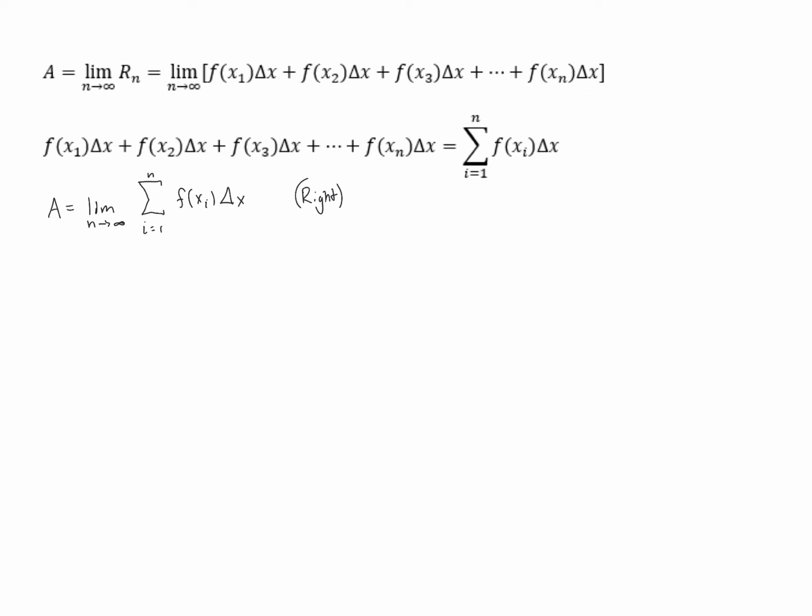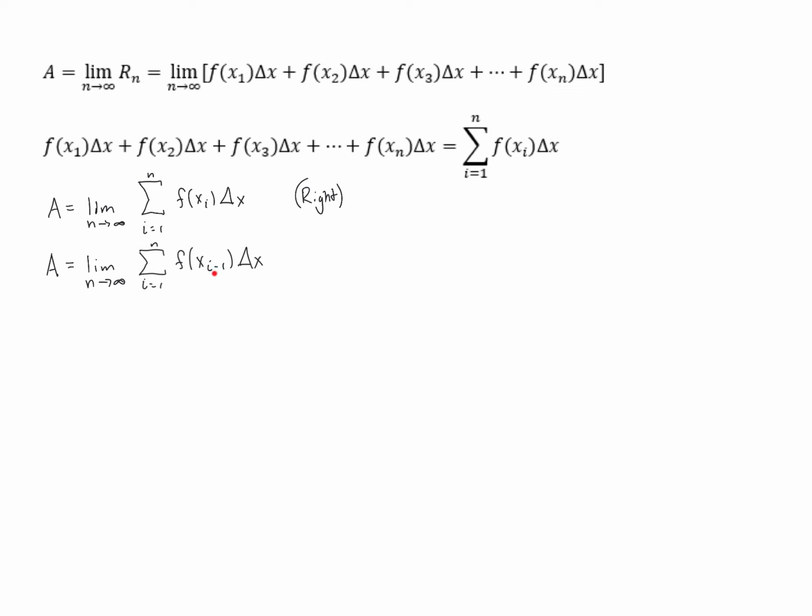But we also said that we could define it with the left-handed rectangles, or the left endpoints of each of those intervals. So we could also say it's equal to the limit as n approaches infinity of the sum as i ranges from 1 to n of f of x sub i minus 1 delta x.